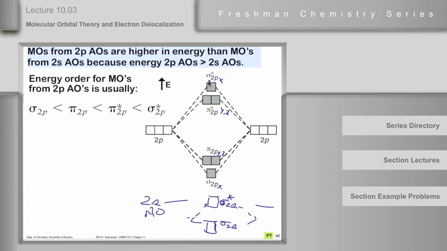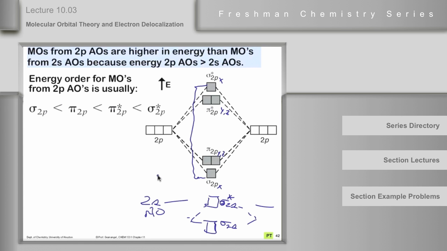Now, how do I know that sigma star is above pi star? Well, it isn't always, but it usually is. And normally, the splitting from here down to the corresponding bonding molecular orbital depends on the overlap.